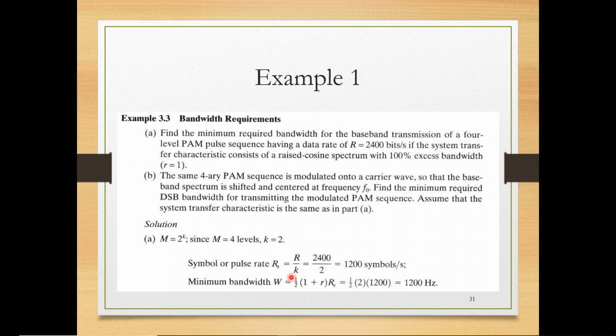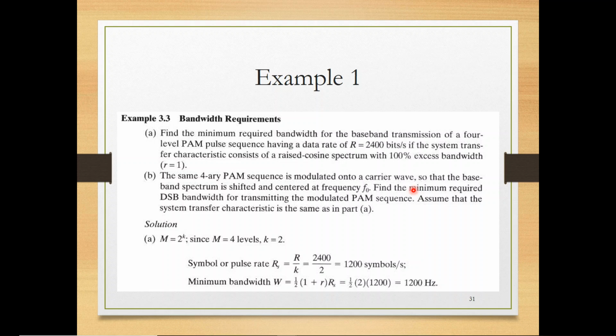So let's understand this by one example. The example says, find the minimum required bandwidth BT, the system bandwidth, for the baseband transmission of a 4-level pulse amplitude modulation having a data rate of R equal to 2400 bits per second, if the system transmitter characteristics consist of a raised cosine spectrum with 100% excess bandwidth.